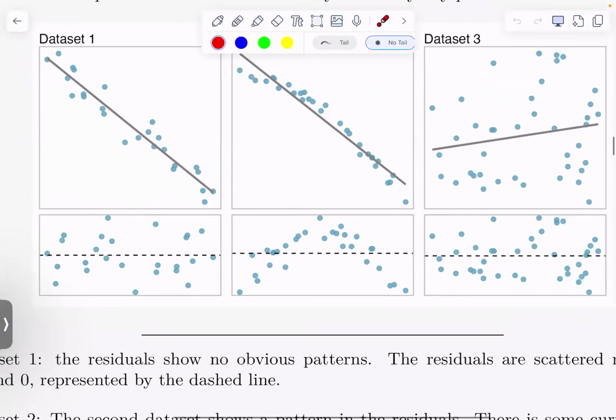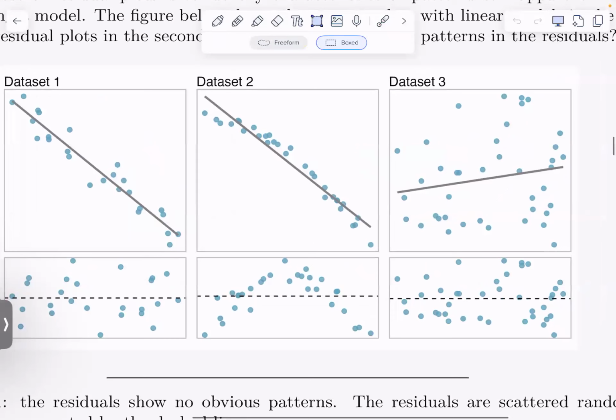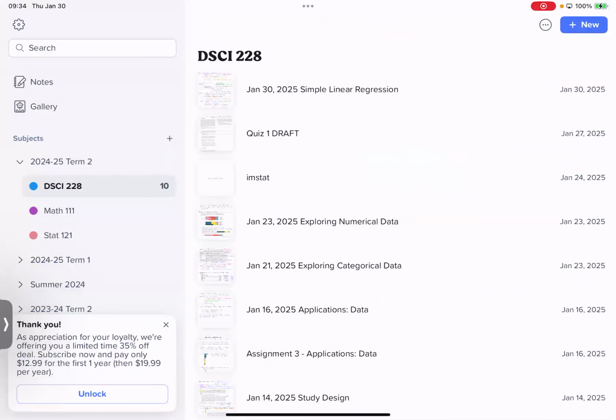The goal of a residual plot is just to magnify the relationship in the original scatter plot. So here you can see there's probably some curvature there, and maybe this line isn't doing a good job. It's just magnified in the residual plot. That's the only thing that I need you to know about residual plots for here.